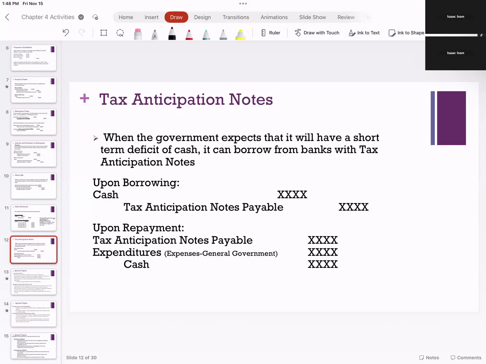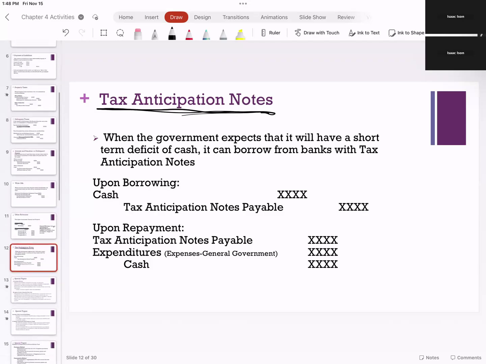So tax anticipation notes just help a government with their cash flow needs, their short-term borrowings. So therefore we would record it in a governmental fund because it's not a long-term liability. So we receive cash, credit tax anticipation notes payable. Okay, so you can look through that.